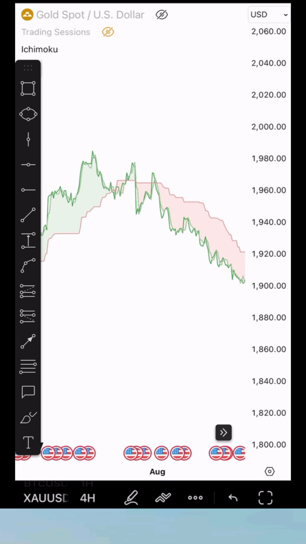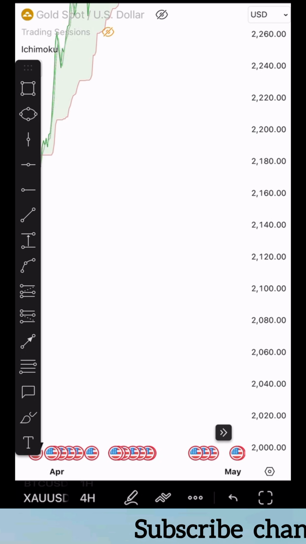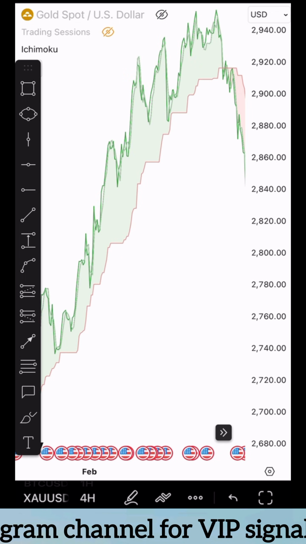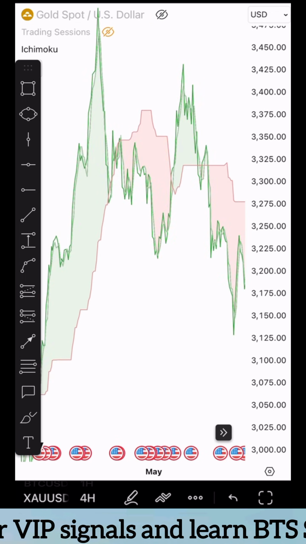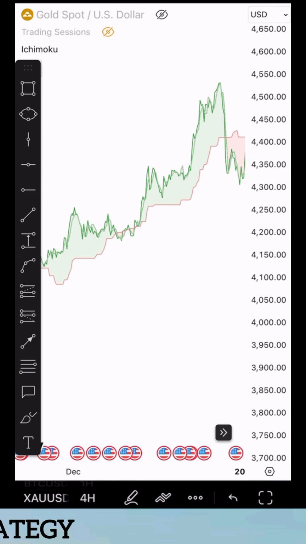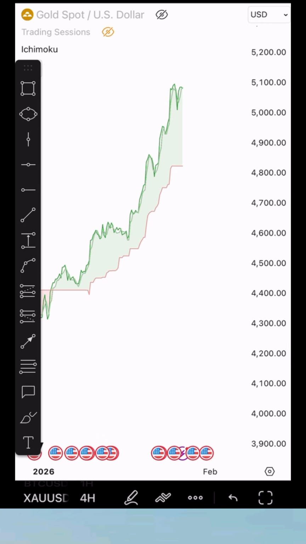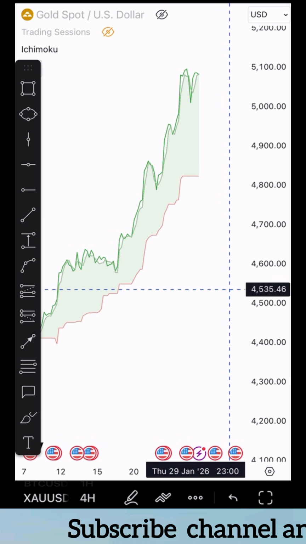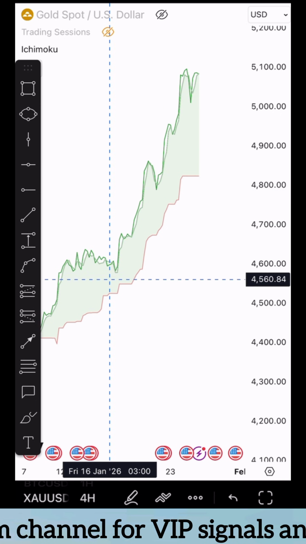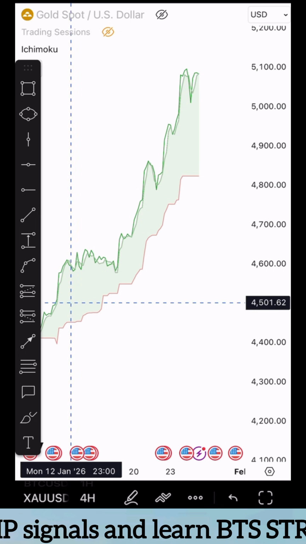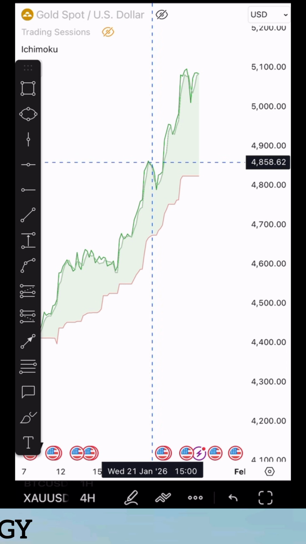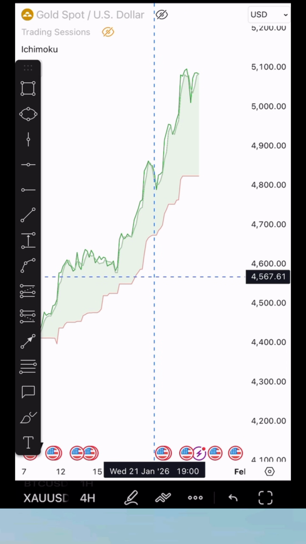So what is this indicator? It helps you make strong decisions while you're using it. Let me just start from the beginning. Now you can see the cloud is bullish, which represents the bullish trend. But while it's showing you a bullish trend, the indicator is also creating its own support and resistance.